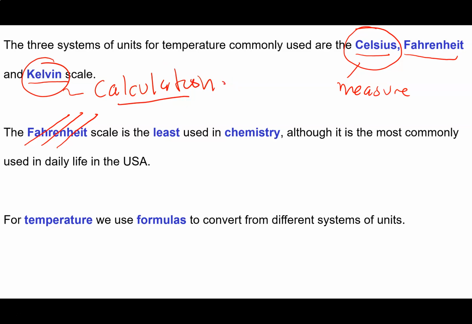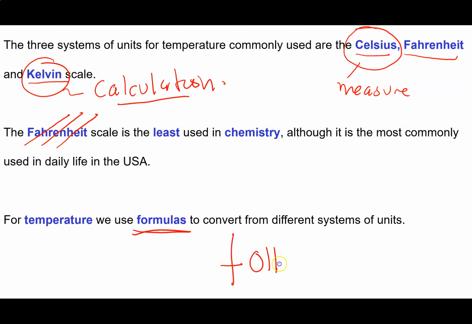Now, to convert between these different scales of temperature, we're going to use formulas, not just straight up conversion factors. And it's for a pretty simple reason. Every measurement that we've looked at so far, regardless of the units that we use, they all have the same 0 point.